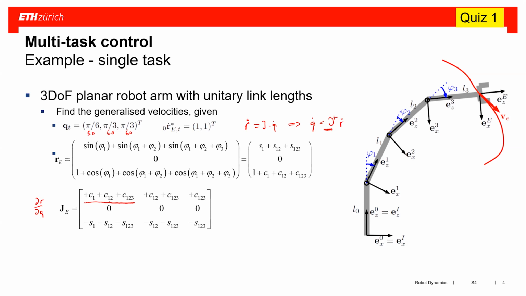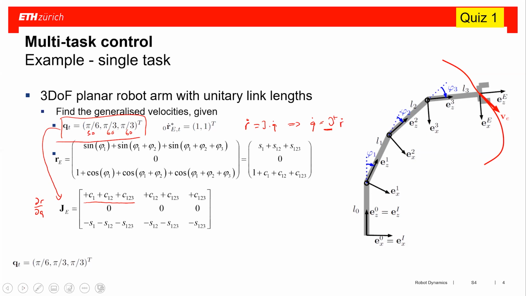Now we have the Jacobian depending on sine and cosine functions. All we need to do then is to evaluate this. So we have this Q, for which we have to evaluate my Jacobian for that configuration. So this Jacobian here is still a function of the configuration. Now what we have to do is evaluate it at the current configuration we are in, in order to get the Jacobian for this setup.